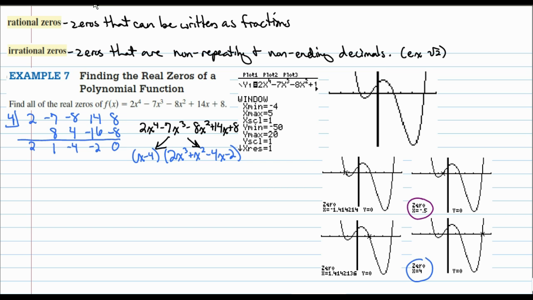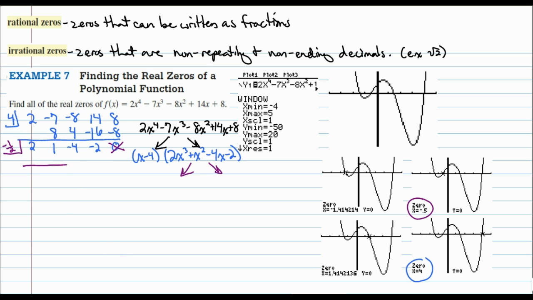Our next step is to continue the breakdown. We want to keep breaking this function down. We don't want to start over and break it down a new way. So we're going to work with this piece, the 2, the 1, the -4, and the -2, which are already written here for us. And we're going to use our next rational 0, which we said was -1/2.